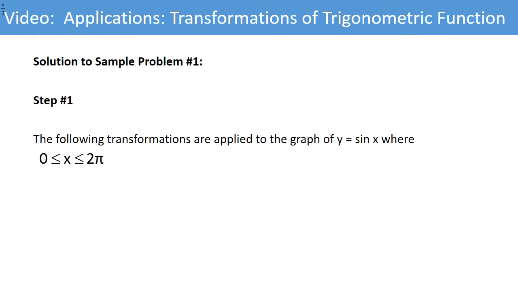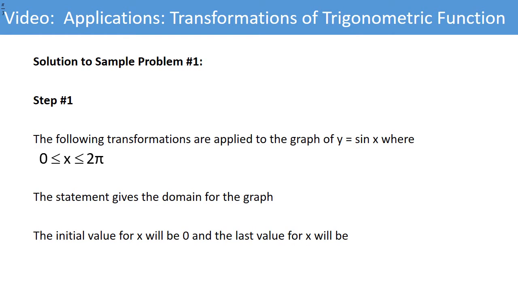As we stated earlier, the domain 0 is less than x, which is less than 2 pi, gives us the initial value for x of 0 and the ending value, or the last value for x of 2 pi.